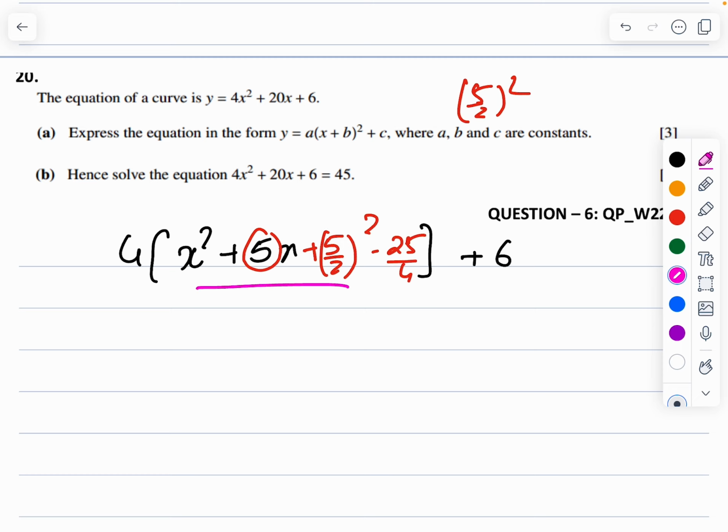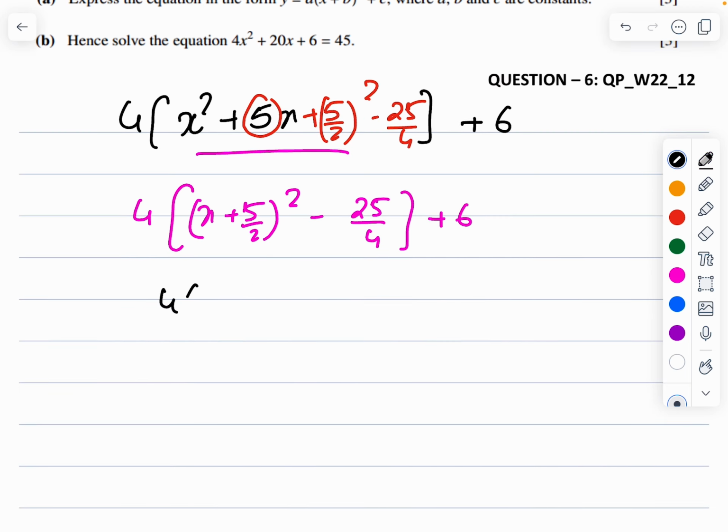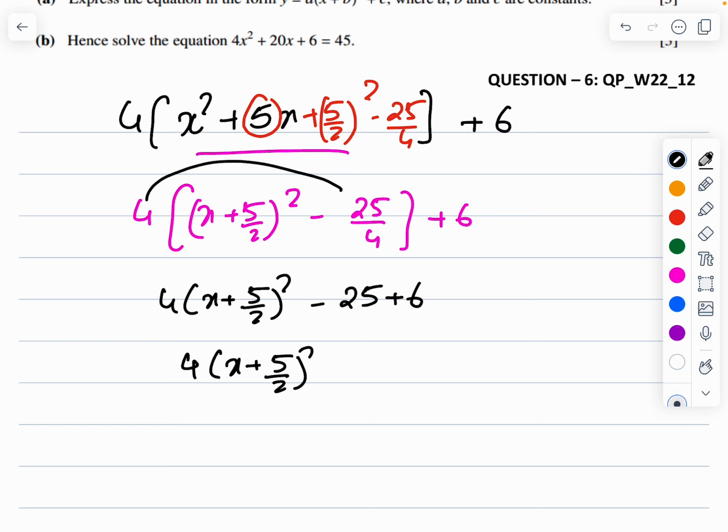Now these 3 terms will become x plus 5 upon 2 whole square minus 25 upon 4 plus 6. Now expand it out. 4 bracket x plus 5 upon 2 square minus 4 times this one is negative 25 plus 6. 4 bracket x plus 5 upon 2 whole square minus 19.